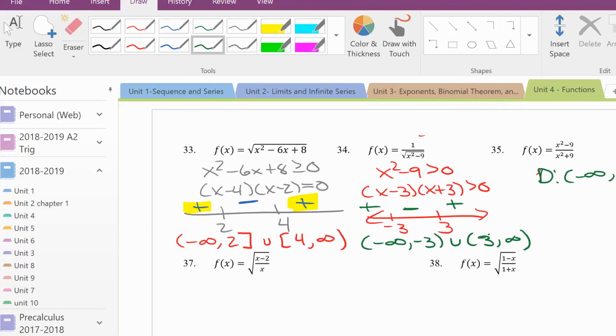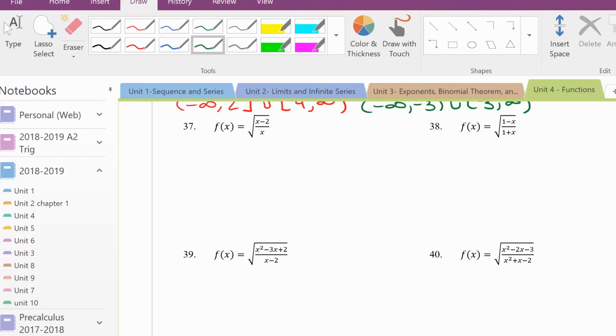All right, so 37. Now the fraction x minus 2 over x must be greater than or equal to 0, right? It must be positive. So this is a rational inequality. So that means the number that makes it 0 for the numerator is 2, for the denominator is 0. So now you test.